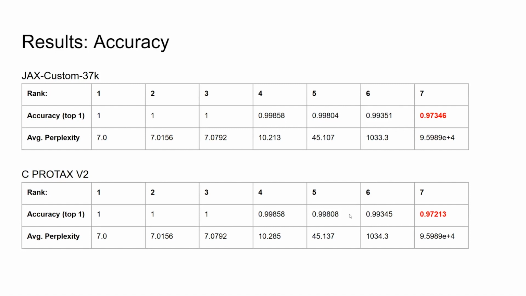By top 1, I just mean I'm taking the maximum probability at each rank in the taxonomy and taking that as the prediction and comparing it against the ground truth label. And in terms of perplexity, you can think of it as exponentiated entropy.